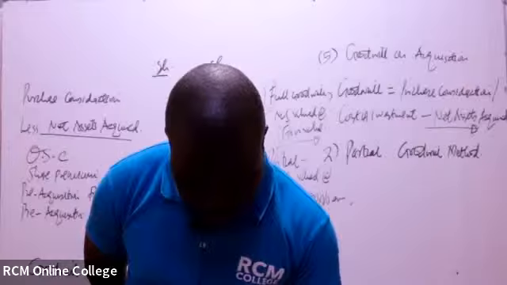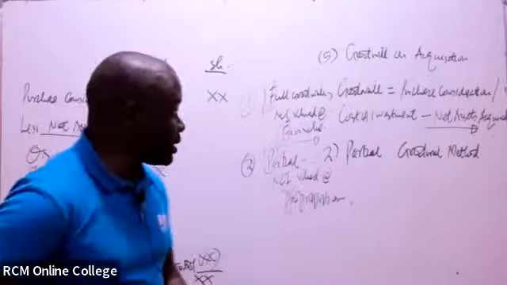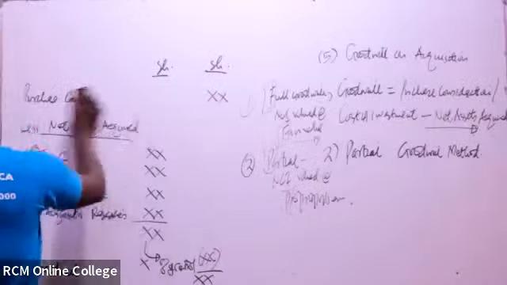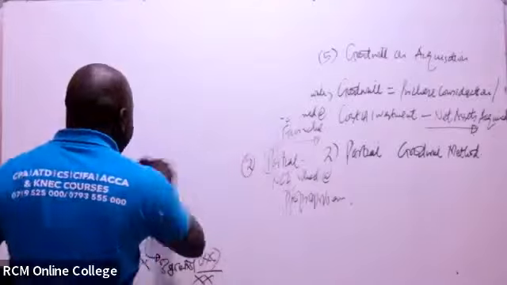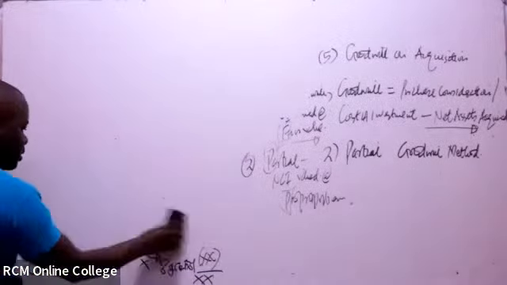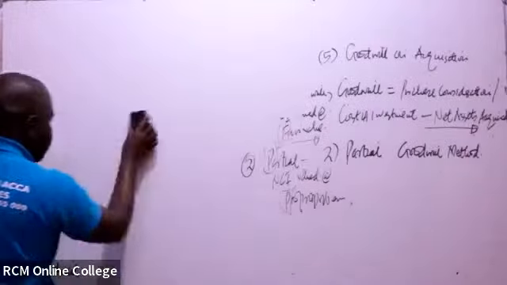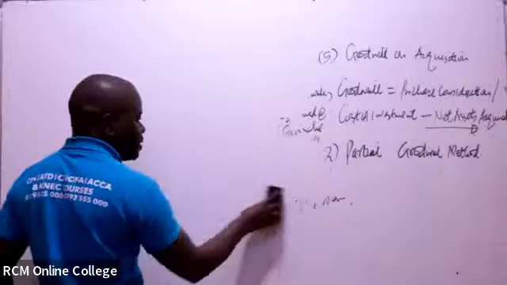There's another one in this case: what we call fair value adjustments. That is the one I need to look at before we start on questions and illustrations from the past papers.